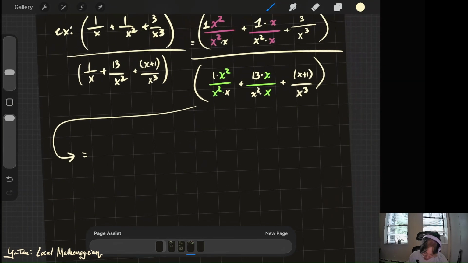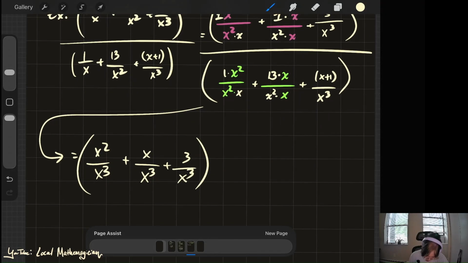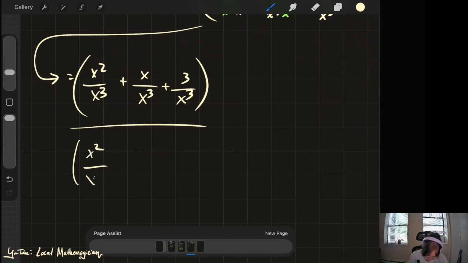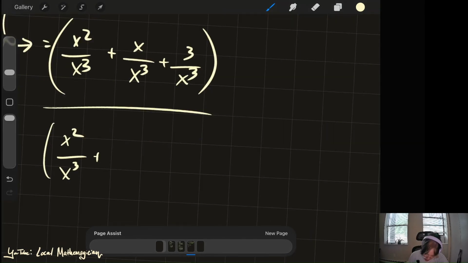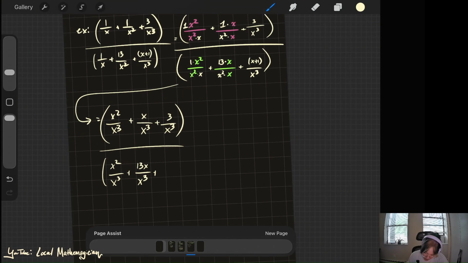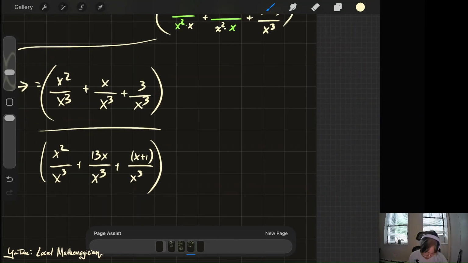Once you have that, you're gonna have x squared over x cubed plus x over x cubed plus 3 over x cubed all over x squared over x cubed plus 13x over x cubed plus x plus 1 over x cubed. All right, and then I'm going to smush it all together.